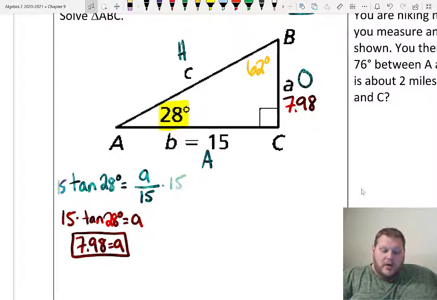Because we know the answer that we just got, the 7.98, is not exact. It's really close, but it's not exactly the same as the actual side length of BC. It's a rounded answer. So I don't like using rounded answers. I would rather stick with using values that are provided for me, that are given in my problem.